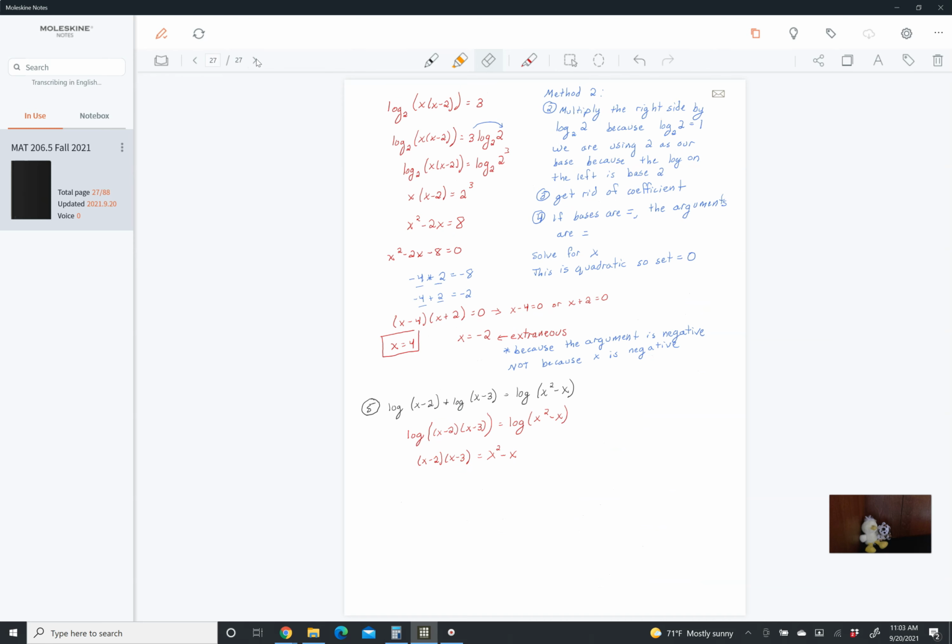So x minus 2 times x minus 3 is x squared minus 5x plus 6. This is quadratic, so we set it equal to 0. That means we're subtracting x squared and adding x.